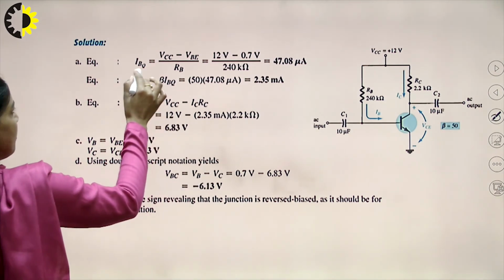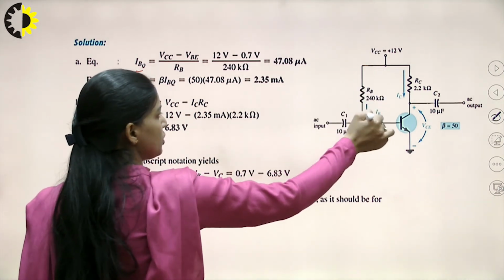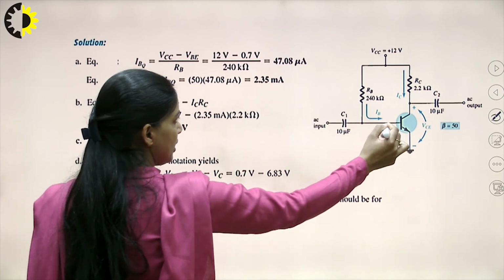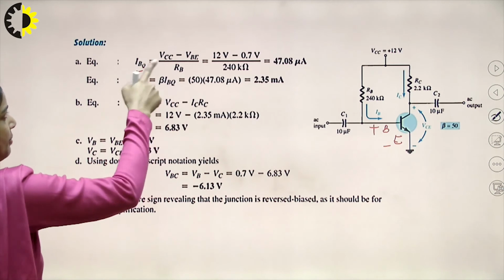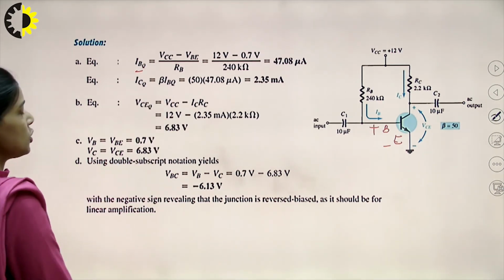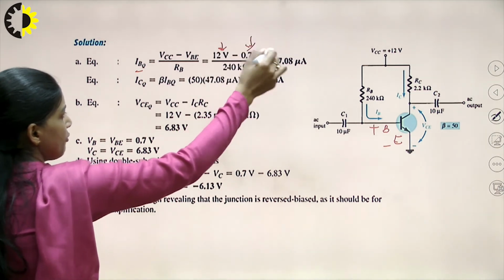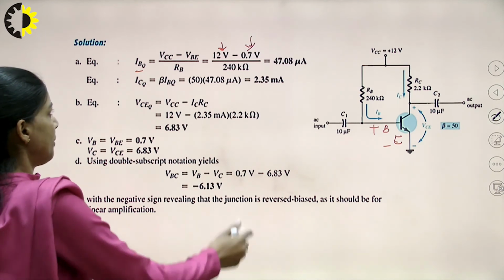IBQ that we have calculated earlier by writing the KVL equation into the input loop: VCC minus IBRB minus VBE. We get IB as VCC minus VBE upon RB. These values are given. VCC is 12 volts, VBE for silicon is 0.7 volts, that you must remember.